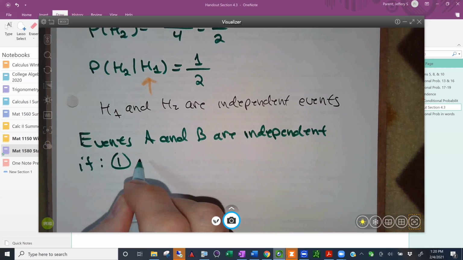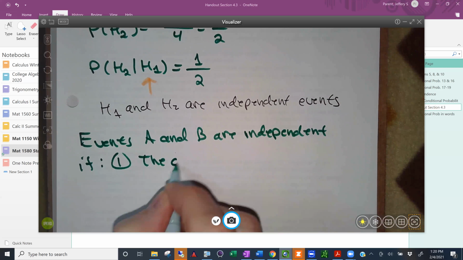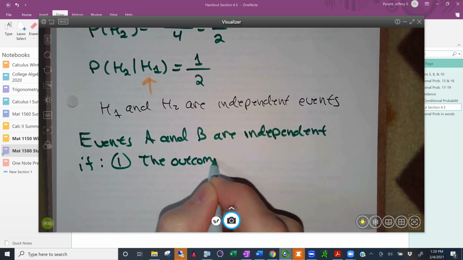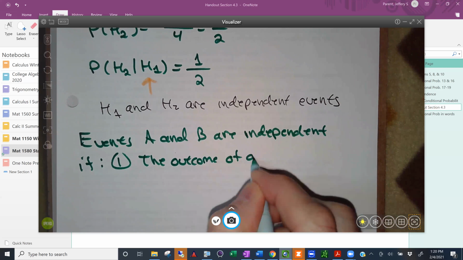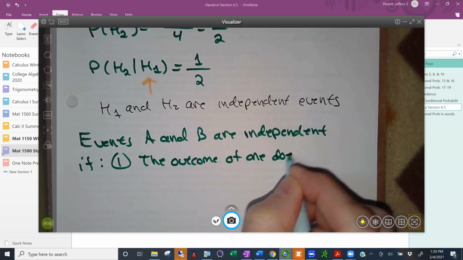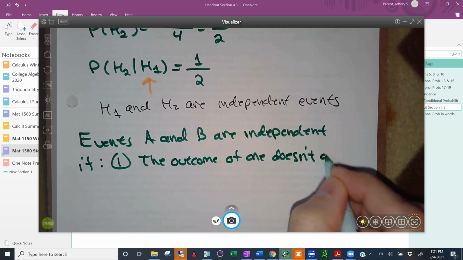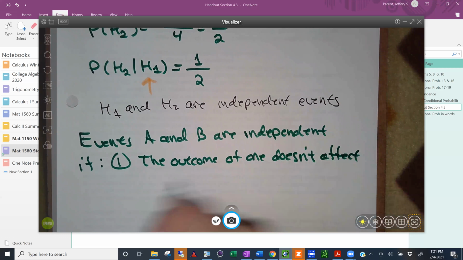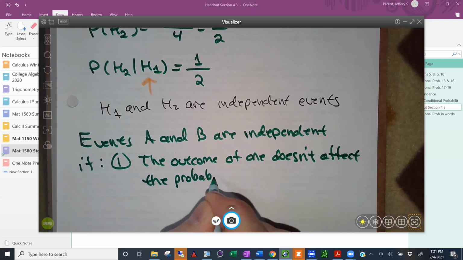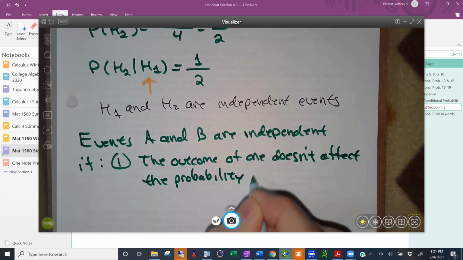One, the outcome of one doesn't affect the probability of the other.